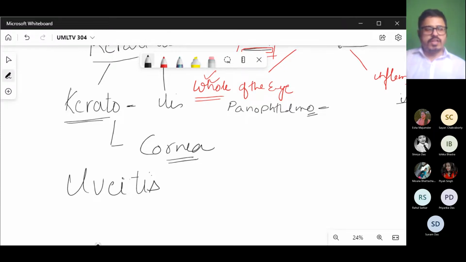How can this term be broken? Have a guess. What would be the suffix, by the way? You should tell the suffix at least.